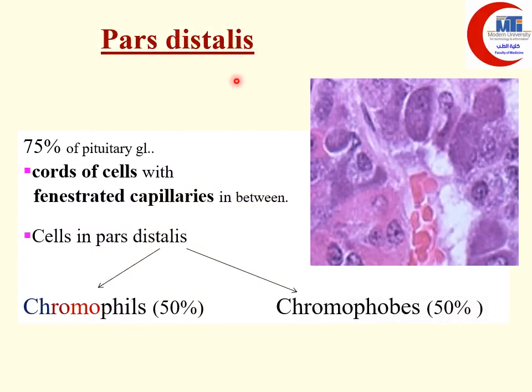Pars distalis part of pituitary gland. Pars distalis forms most of the pituitary gland. It forms 75% of pituitary gland.